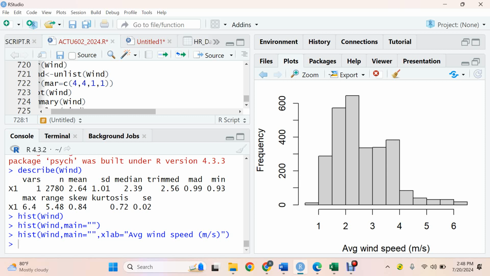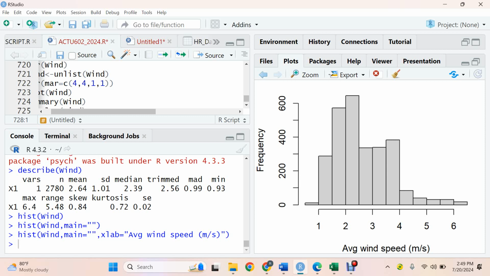Or if you like, you can put, yeah, so the mode, this is actually the modal class, right? Okay. And then the least, you see some here as well. So the least is a bit difficult. But at the extreme ends, you have those smaller frequencies.